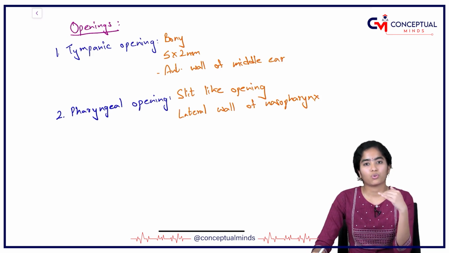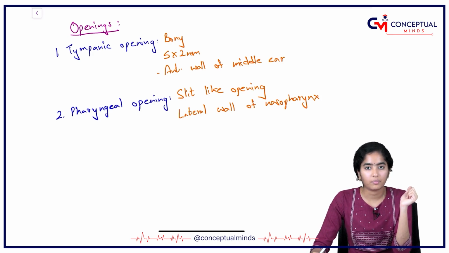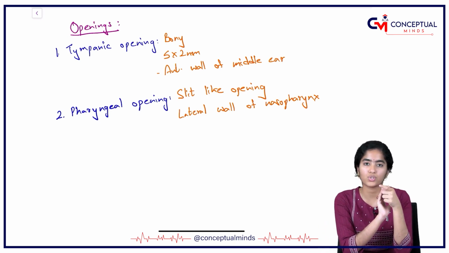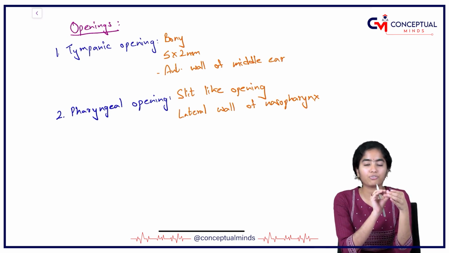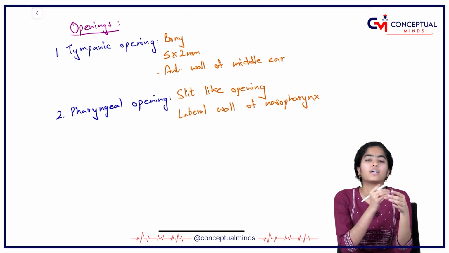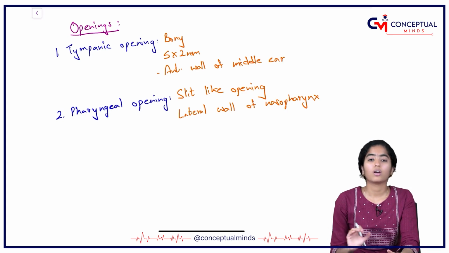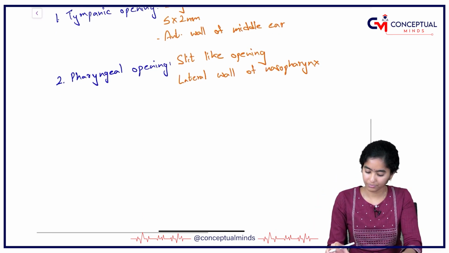In the nasopharynx, the 3 nasal turbinates are present and lowermost is the inferior turbinate, and that inferior turbinate has one anterior end and one posterior end. From the posterior end of inferior turbinate, if you go 1.25 centimeters behind, there you will find the opening of Eustachian tube on the lateral wall. This entire thing is present on the lateral wall only.